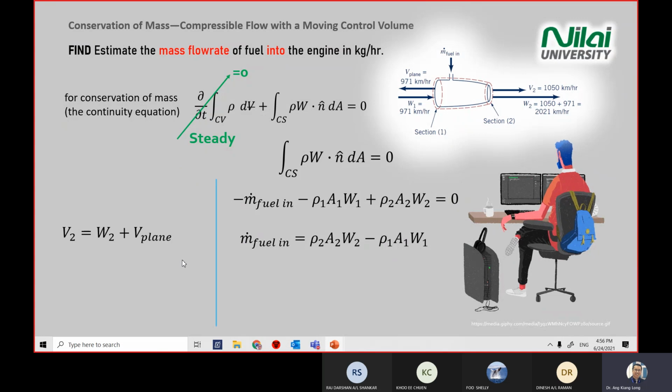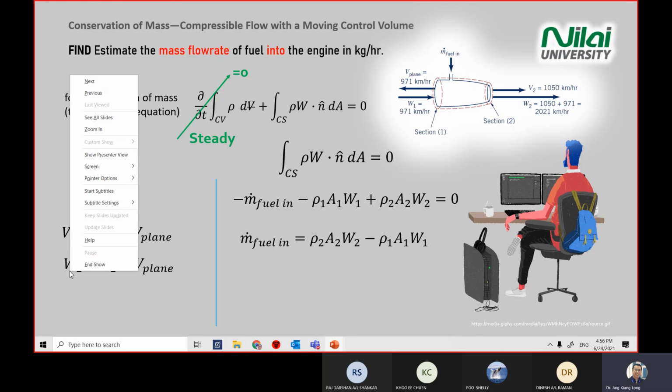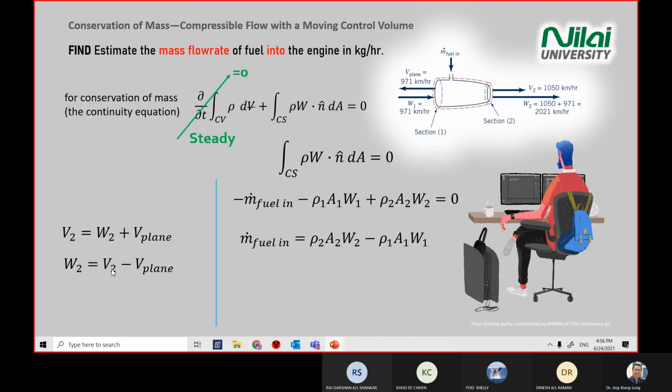Then the next one is to draw the vector diagram. So recall the vector equation: V equal to W plus V of your control volume. So V2 will equal W plus V plane. We are interested in finding W, so you rearrange the vector equation to W2 equal V2 minus V plane.